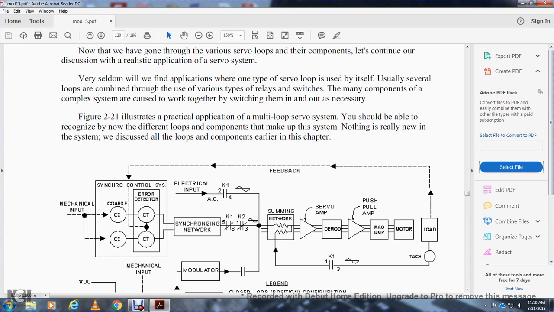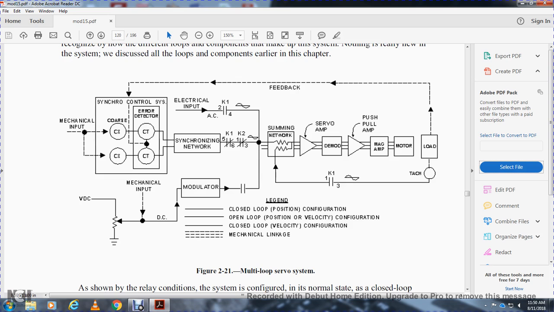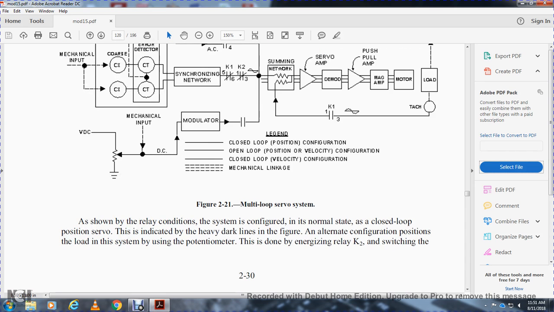I forget what the parallel lines mean, but you have a DC voltage going to a resistor, mechanical output, modulator, summing network, servo amplifier, demodulator, push-pull amplifier, magnetic amplifier, motor, so summing network going into, and then the tachometer load and back to the synchro control system.